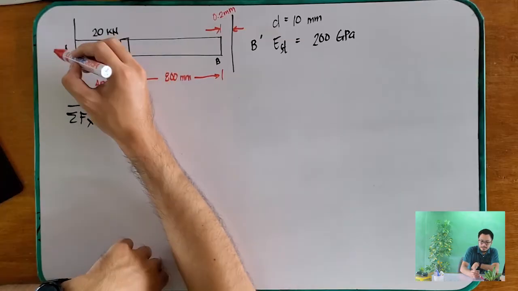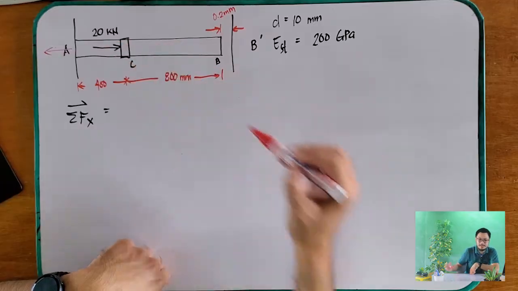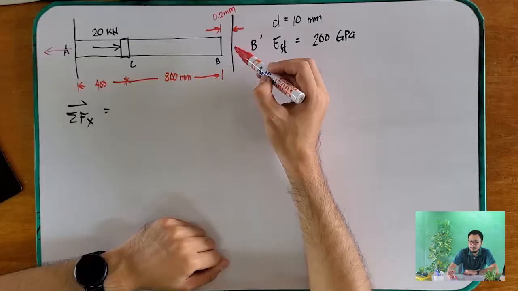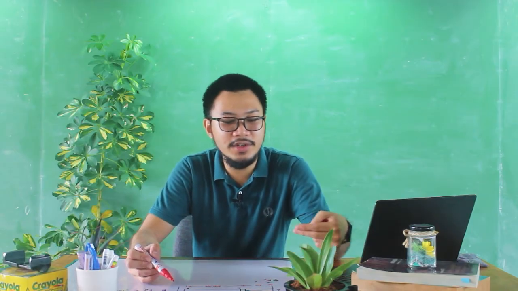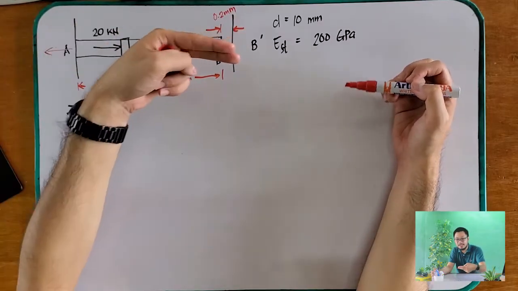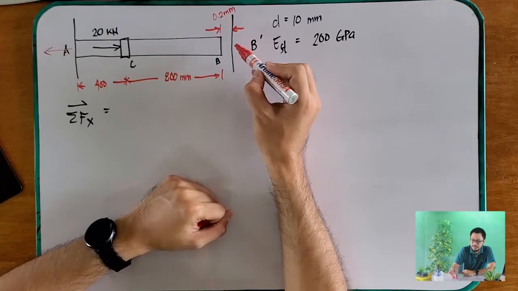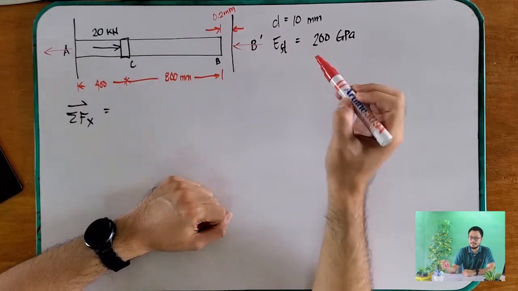Since atong force nga 20 kilonewtons is going there man, para ipugong sa atong support at A, it should be going to the other way. Okay? How about at point B, assuming nga nisangko na siya? So since your force 20 kilonewtons is going that way, then your support at B should be going on the opposite direction. Therefore, it should be going that way.